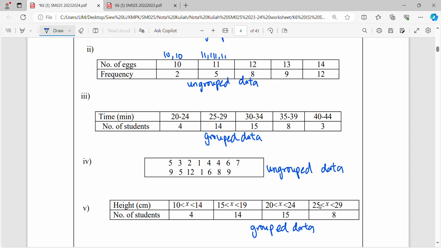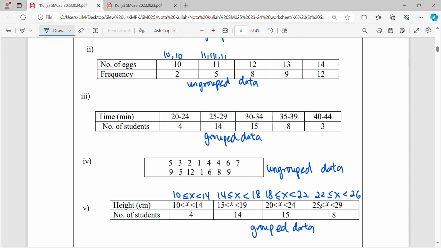Or it can be in the interval like 10 until 14, then 14 until 18, then 18 until 22, then 22 until 26.